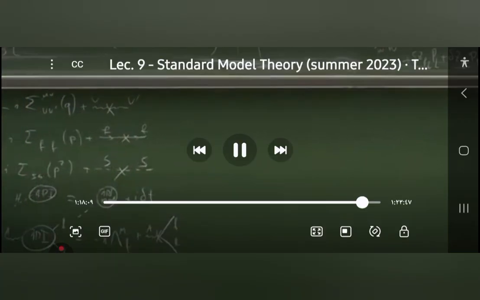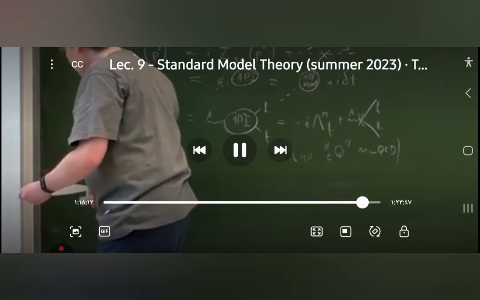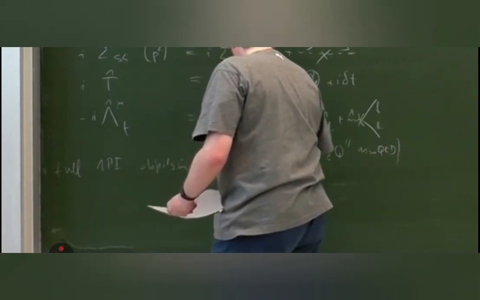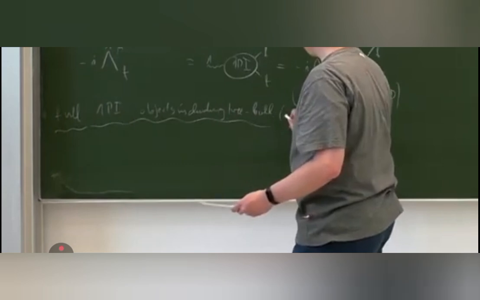And then there is also interest in the standard model to have full one-particle irreducible objects, including tree level. We also didn't have them in QED, and counter terms as well.